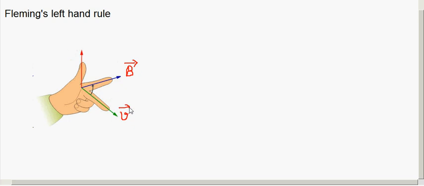In some cases you can find it as I instead of v, that is current.